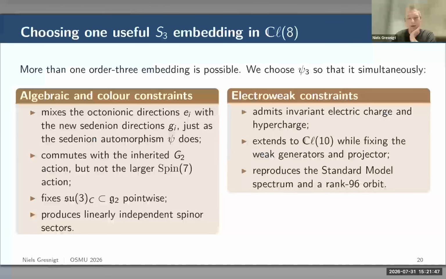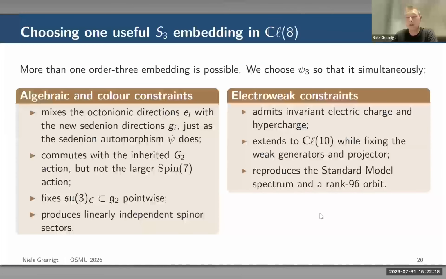So in other words, we want to make sure that the automorphisms of the sedenions is this G2 times S3. So we want to make sure we can embed that structure into the Clifford algebra. And we want to make sure that the S3 that we choose fixes the color algebra, the SU3 color algebra, pointwise. And we also want to make sure that it produces 3 linearly independent spinor sectors.